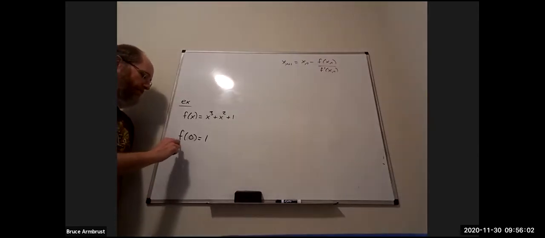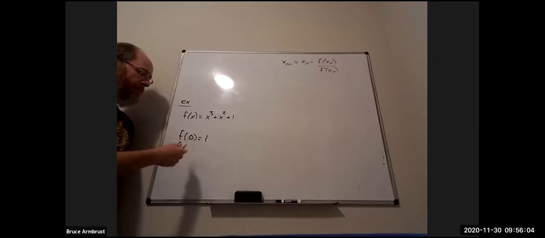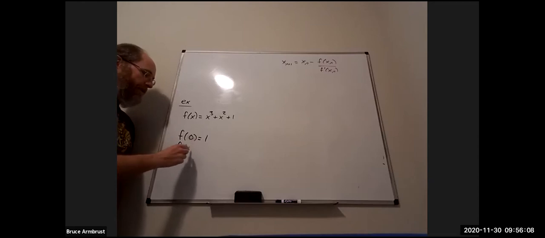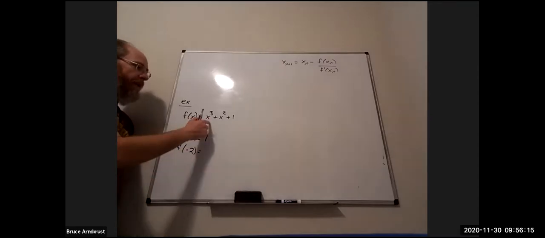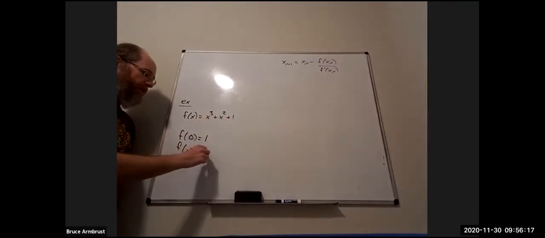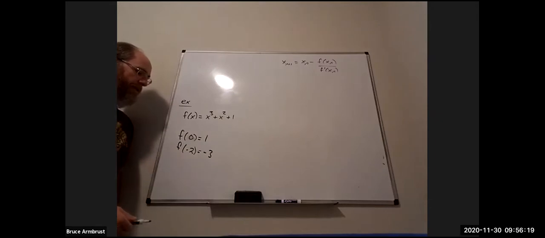Right? Let's plug in another number. So I'm going to plug in a negative number. Like let's plug in, say, -2. You're going to get -8 plus 4 plus 1, which is -3.